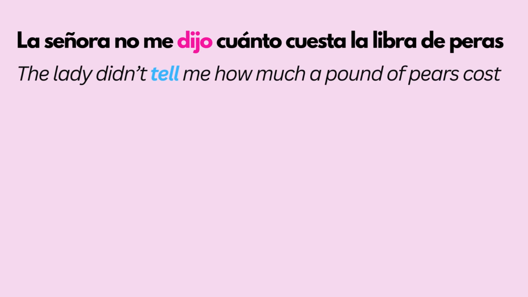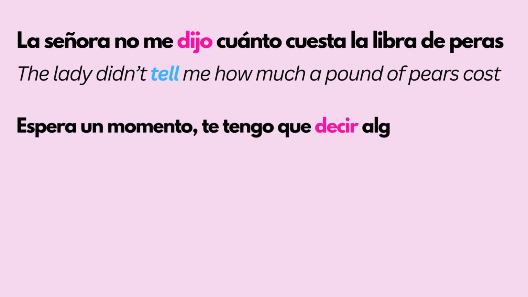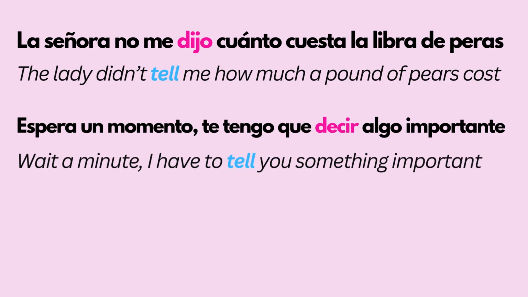In the second sentence, espera un momento, te tengo que decir algo importante. Wait a minute, I have to tell you something important. Decir is also translated as to tell because it indicates that the speaker needs to share or convey important information to the listener. Again, the emphasis is on conveying information.